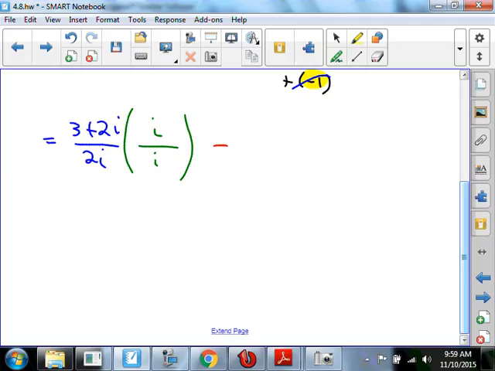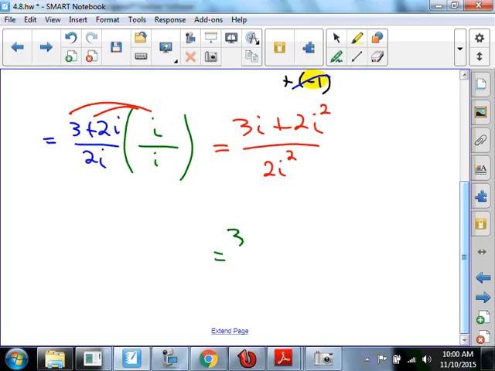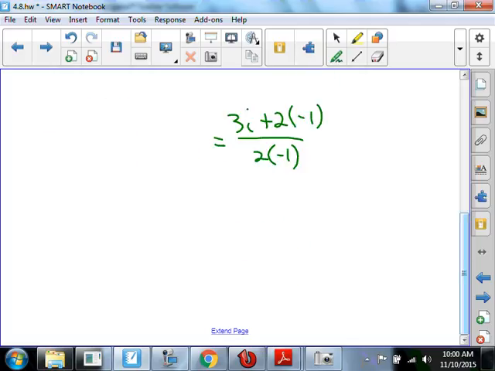So we're going to get, when we distribute, a 3i plus 2i squared. Hey, but 2i squared, hold on a minute. We'll take care of that i squared. In the denominator, we're going to get 2i squared as well. Okay, so we're going to have 3i plus 2 times -1 over 2 times -1. So we're going to get 3i minus 2 over minus 2.